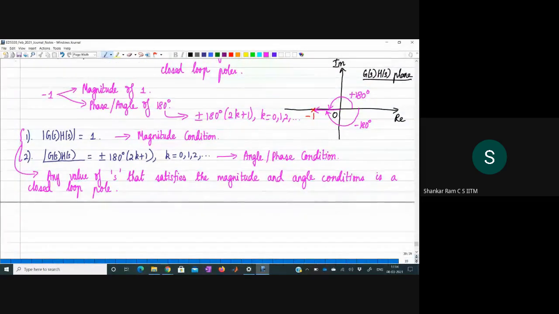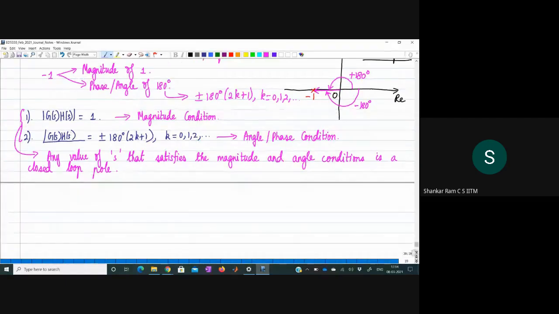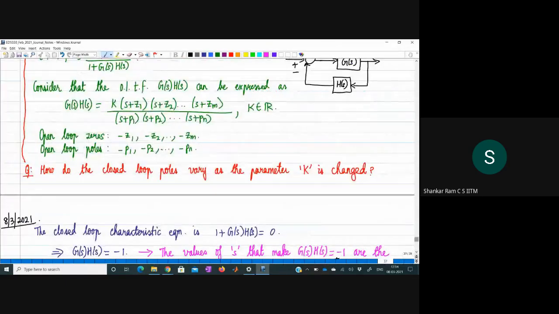So now the bottom line is: can we utilize these two conditions to come up with a method by which we can plot, going back to our question, how the closed loop poles vary as the parameter k changes? The graphical visualization of the same, to be very precise, is called the root locus.